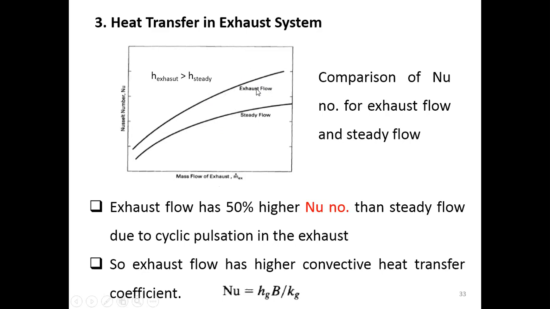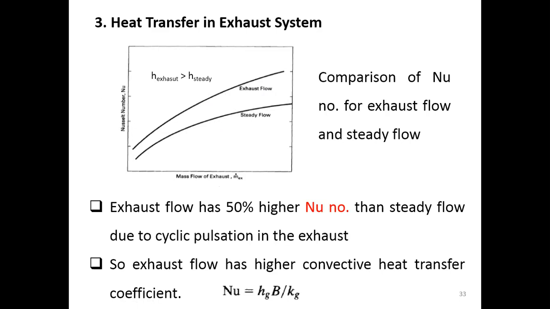The actual exhaust flow is an intermittent flow, because our cycle is sometimes closed, sometimes open. It will not let the exhaust go out steadily.